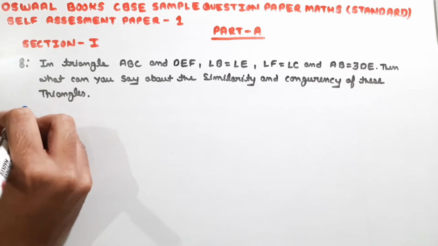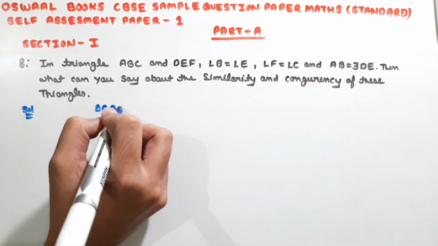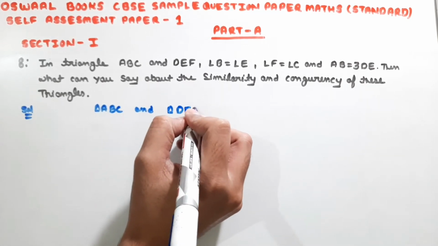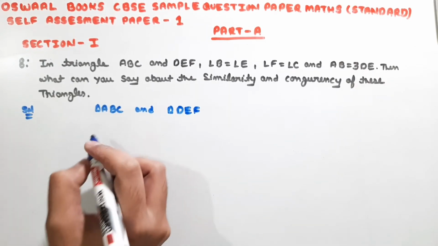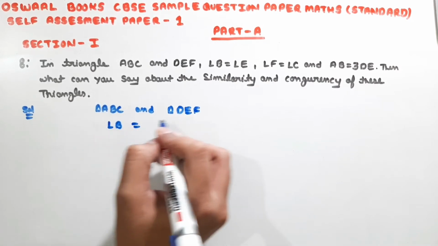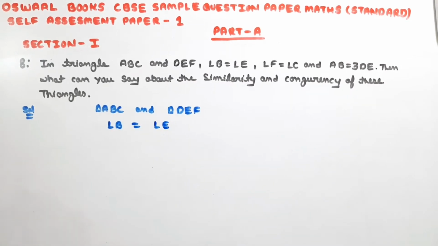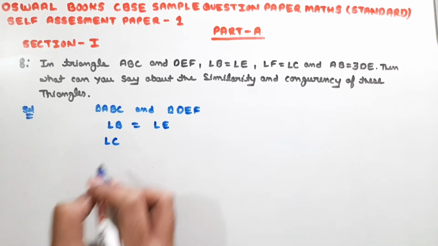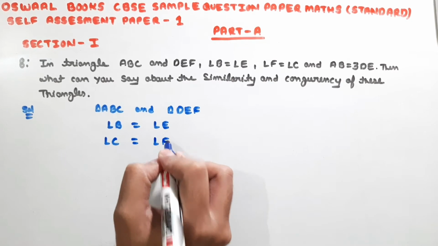In this problem, we are given two triangles, ABC and DEF. Angle B of triangle ABC equals angle E of triangle DEF, and angle C of triangle ABC equals angle F of triangle DEF.